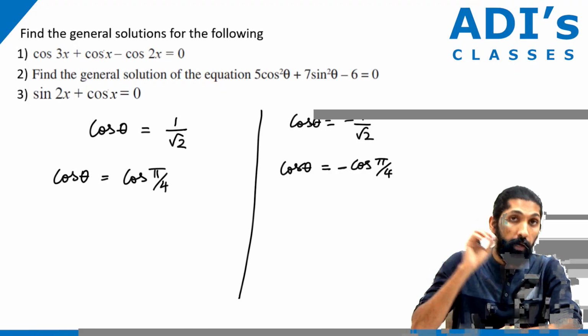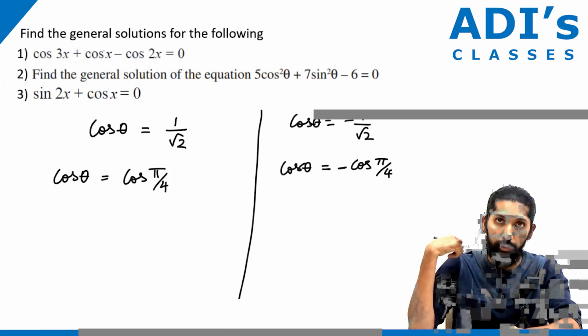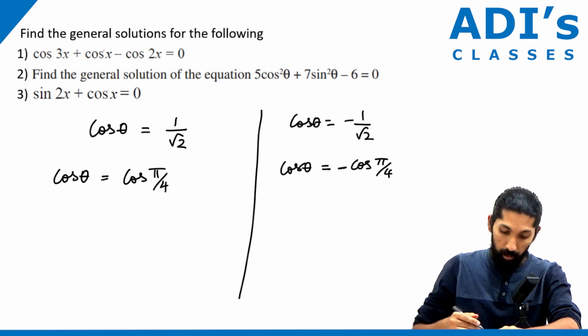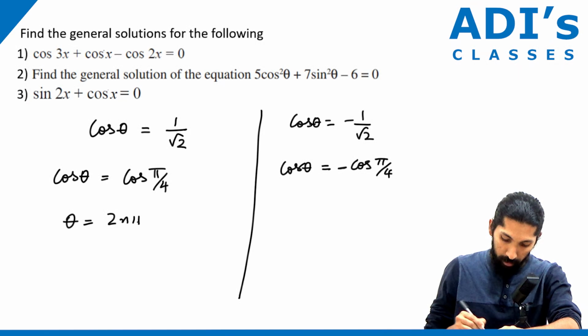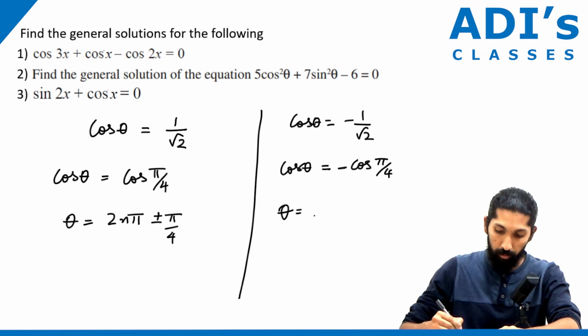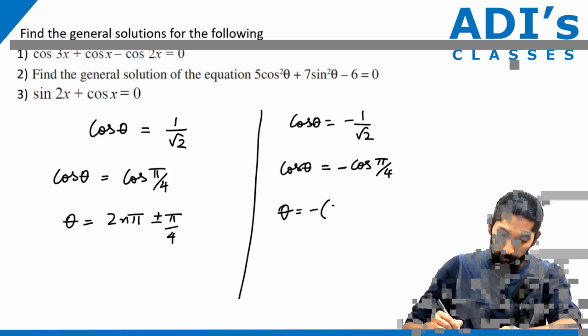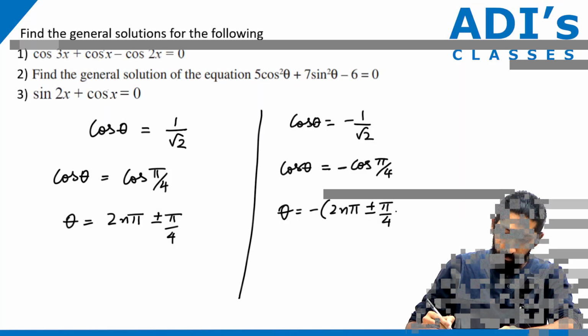Not cos of minus pi by 4, minus cos of pi by 4. Basically, we are looking at the second and the third quadrant. Fair enough? So here we can write theta is equal to 2n pi plus or minus pi by 4. Here we can write theta is equal to minus of 2n pi plus or minus pi by 4.